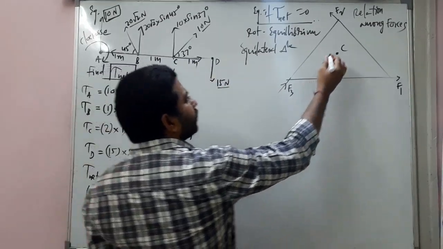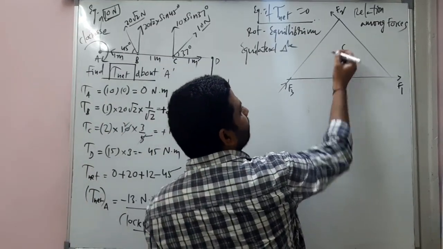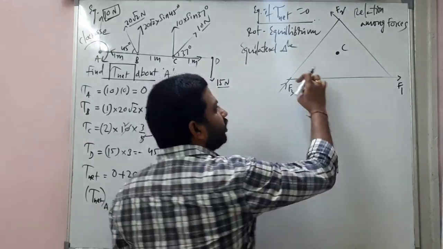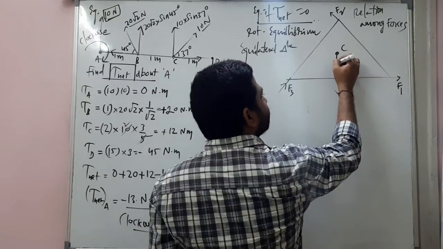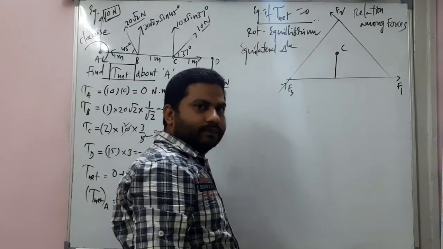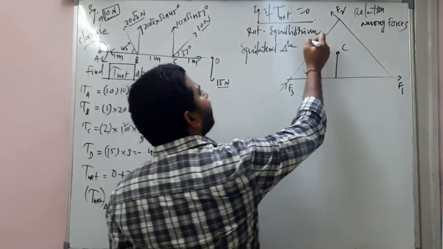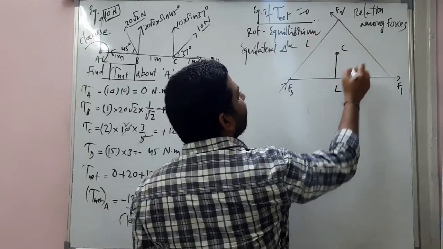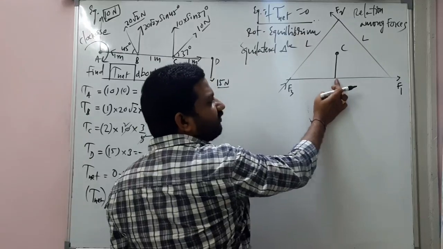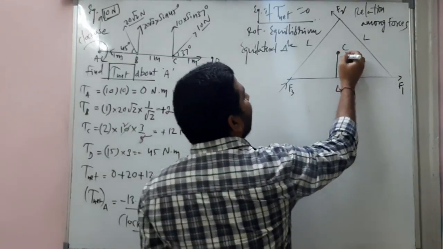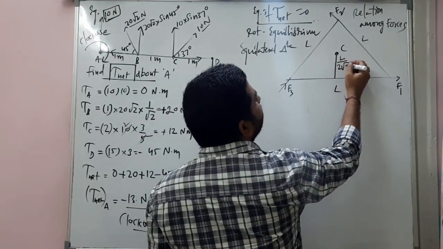So about this axis of rotation, this force F1, what is the perpendicular distance to this force? If the equilateral triangle has each side L, from the centroid to this force the perpendicular line will be L by 2 root 3.